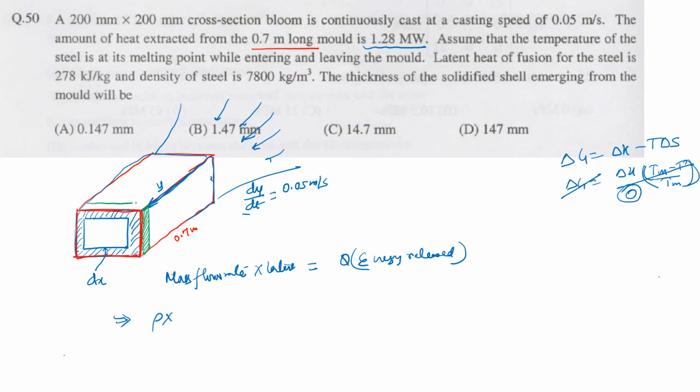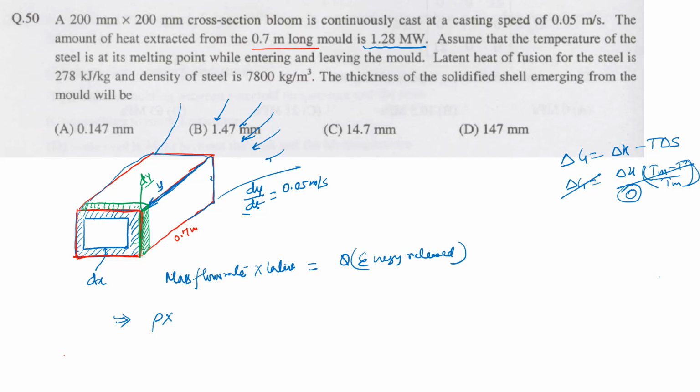So this portion has gotten inside the mold, right? This distance is nothing but dy, okay, and this distance is dx, right? So we'll multiply the volume of this region, this dy term, then this is 0.2 and this is your thickness. Okay, fine.